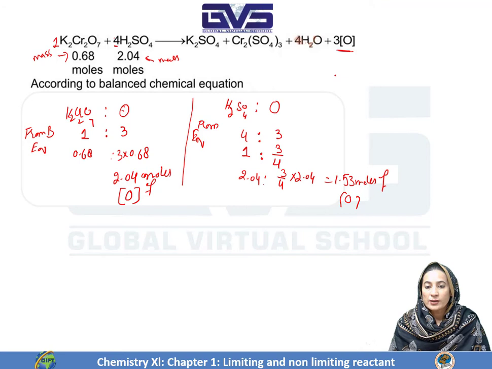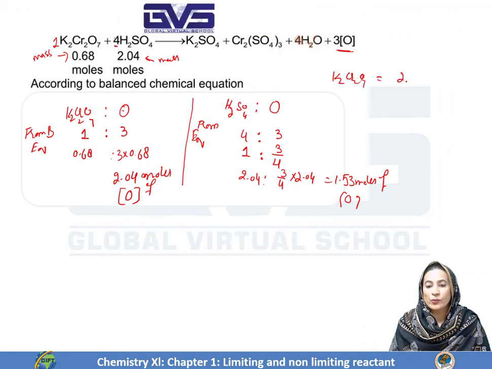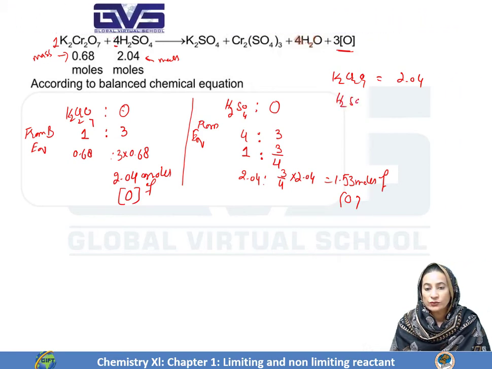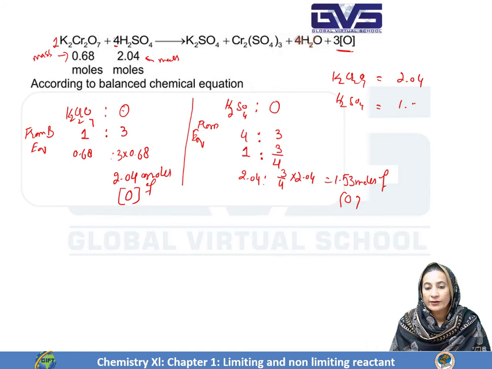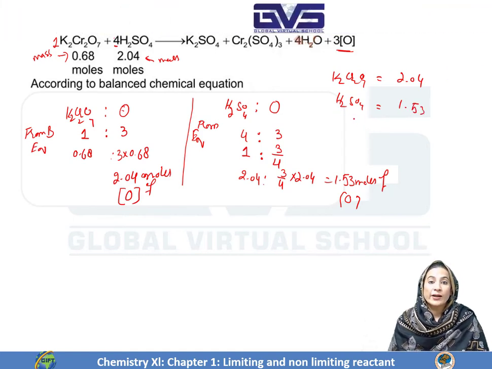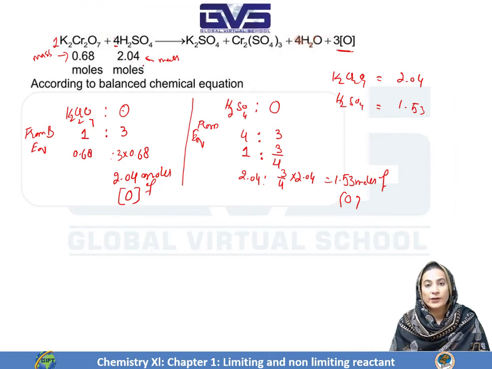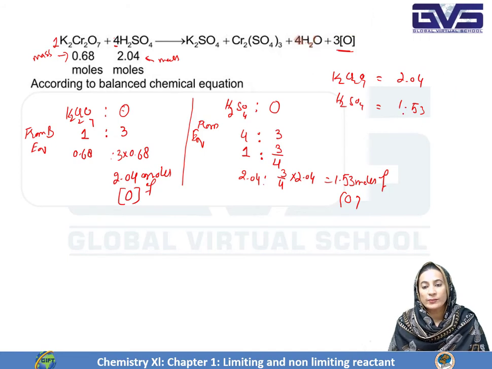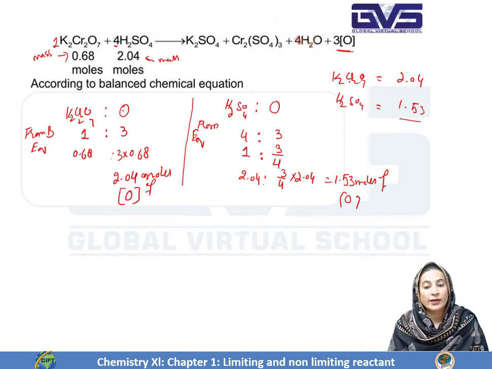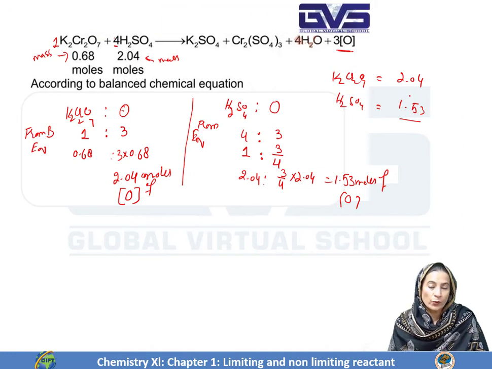So here, two things. Oxygen from K2Cr2O7, it produces 2.04, and oxygen from H2SO4, it will be 1.53. So when 200 gram of H2SO4, that forms 1.53, is completely consumed, then oxygen will be formed only 1.53. But K2Cr2O7 will form 2.04, it can maximum form 2.04.